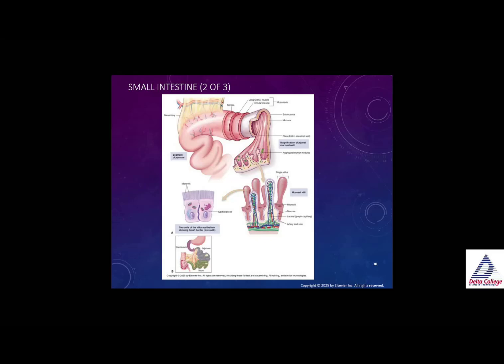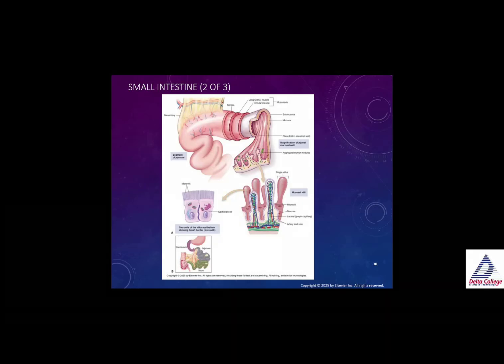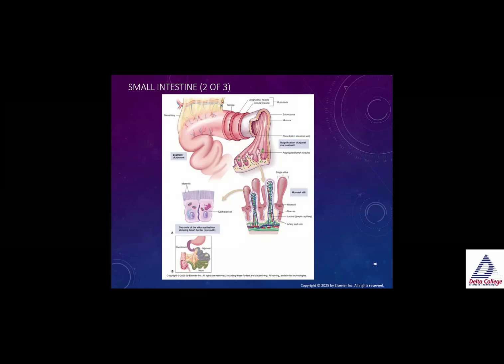Now, in the duodenum, jejunum, and ileum, the feces is very liquid. If it's anywhere in the small intestine, it doesn't firm up and become the typical, more semi-solid, kind of soft formed stool until it's in the large intestine.